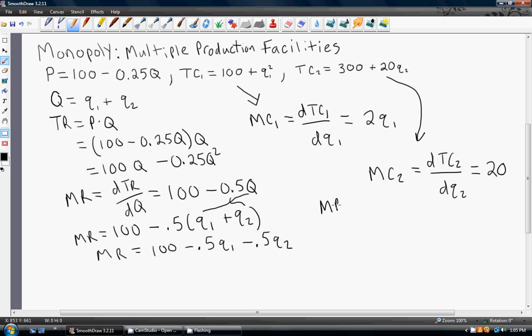So our next goal is to set marginal revenue equal to marginal cost subscript 1, and then set marginal revenue equal to marginal cost subscript 2. Let me do this on a fresh screen here.